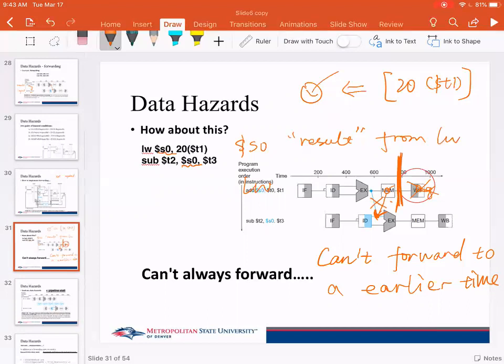So before you read it out from the memory, there's no way for you to move the data. You have to take the data out and then move it somewhere. So of course you cannot forward to an earlier time. That's why we have to draw it in a time frame.